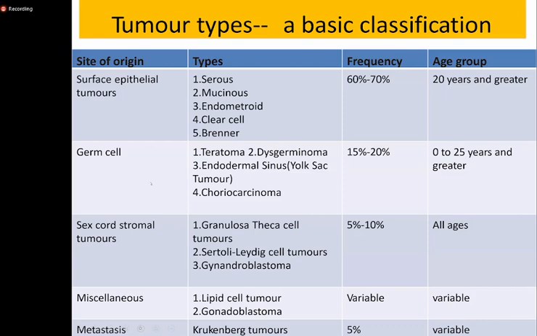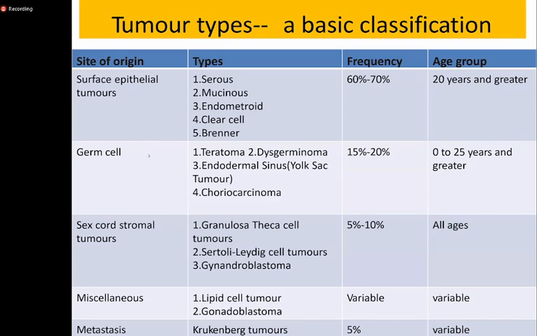So let's look at some more detail for surface epithelial tumors, and there are about 5 examples. You can see there the majority, they comprise 60 to 70% of all ovarian tumors, generally in the age group 20 years and older.